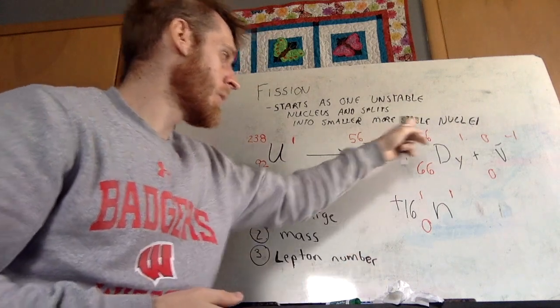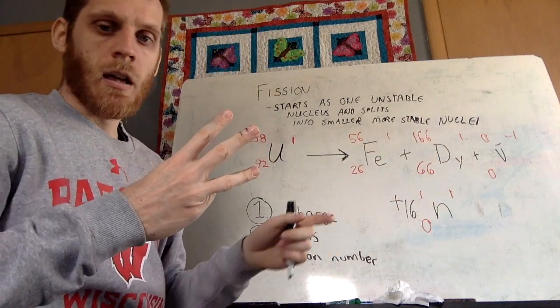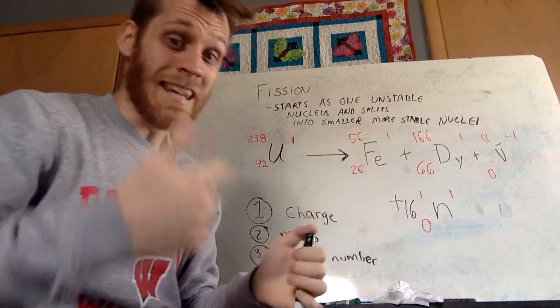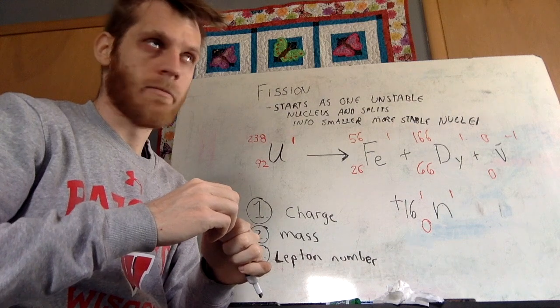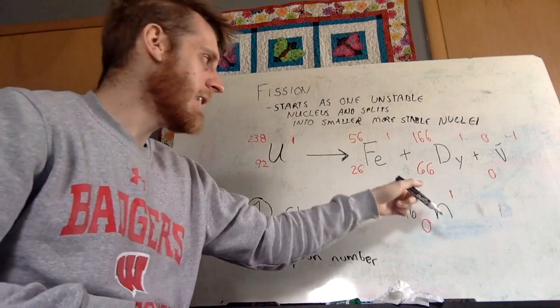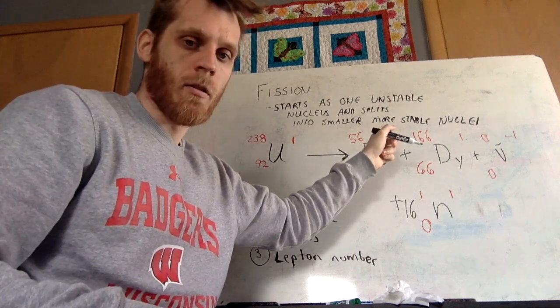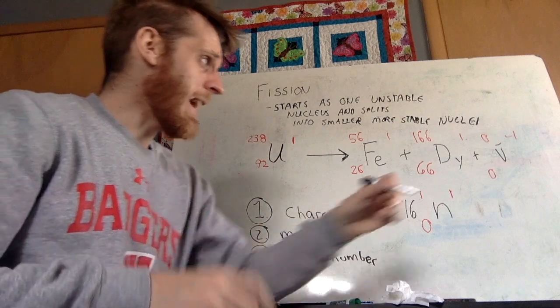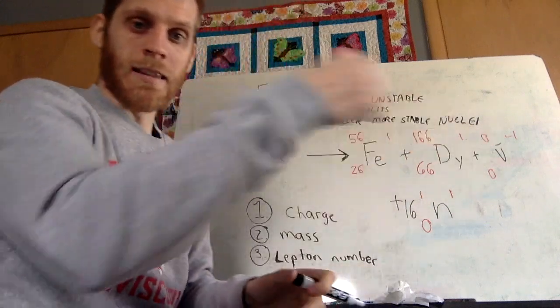So 1 plus 1 plus 16 is 18. Math, right? 18 total for the lepton number. Well, I need to add enough neutrinos to get that back down to 1.